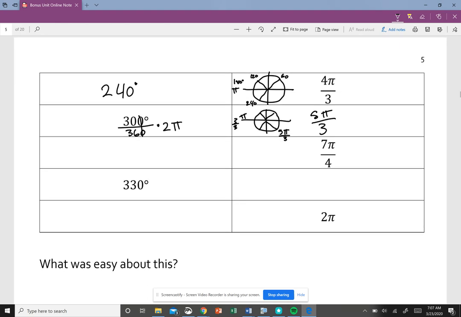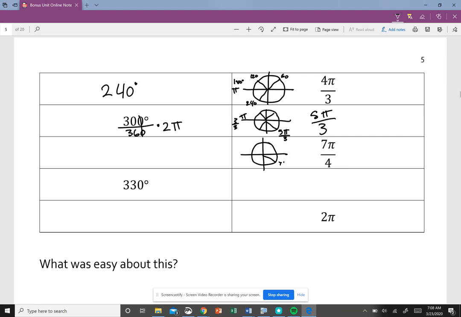So 7 pi fourths, again, I like to draw my circle. 8/4 is what would get me all the way around to 2 pi, right? Because 8 divided by 4 is 2. So this is only 1/4 short of 7 pi fourths. So I'm going to take 360 minus 45, and that should be my angle.